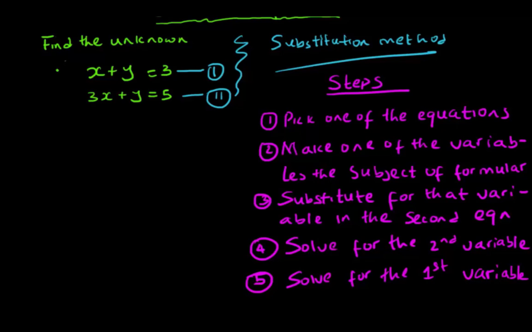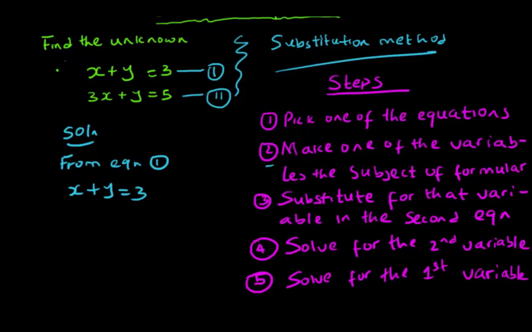Now let's put this into practice. So I have the solution. Step 1, pick one of the equations. So I pick equation 1. So I write from equation 1, x + y = 3. Now the next step, make one of the variables the subject of the formula.